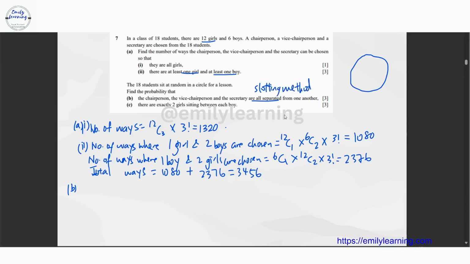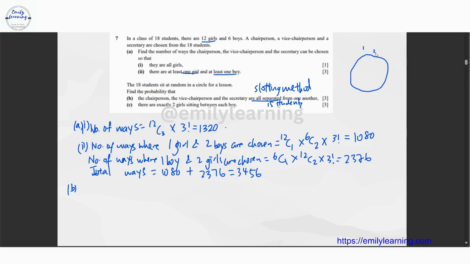So what we'll do is let the other students sit first before we slot the chairperson, the vice chairperson, and the secretary in. There are 18 students altogether, and we have these 3 positions. So in other words, there are other 15 students. They do not mind sitting anywhere. So we will put the students first.